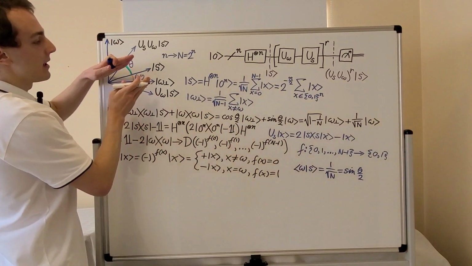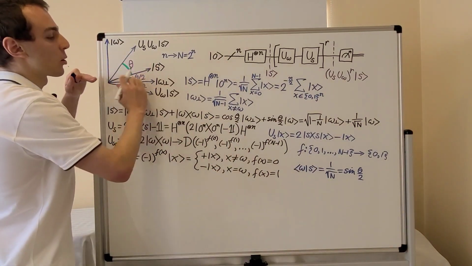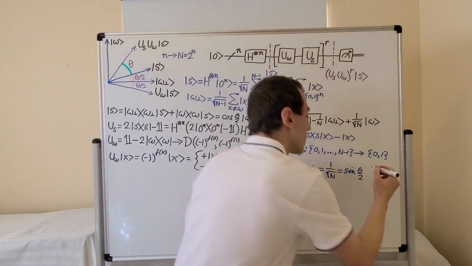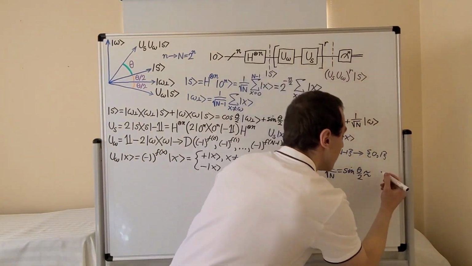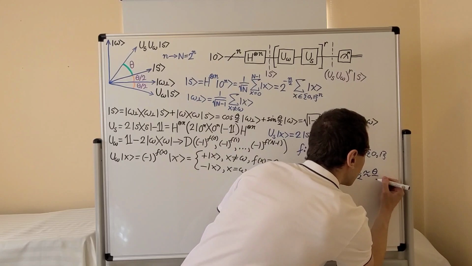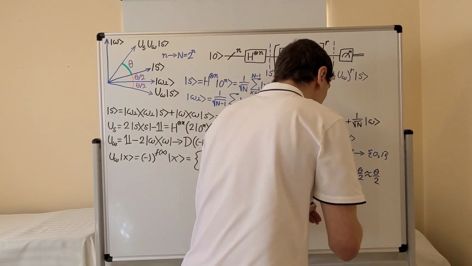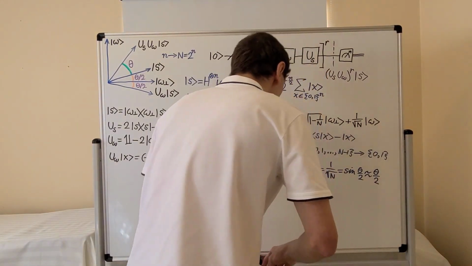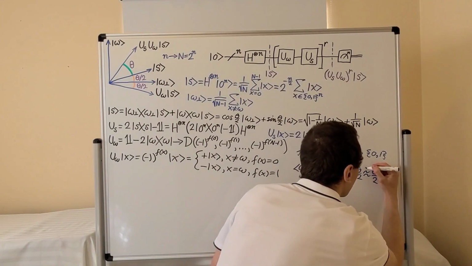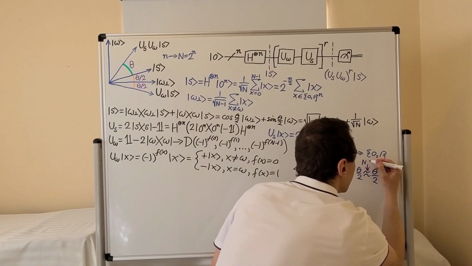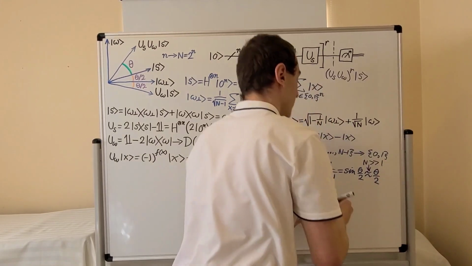So that means that s is going to be very, very close to the horizontal axis. So we can approximate this with the first term of the Taylor series of the sine function, and that's just going to be theta on 2. And this only works if N is much, much bigger than 1.